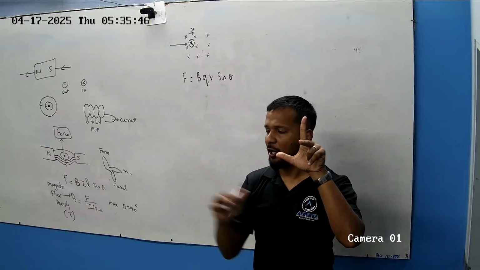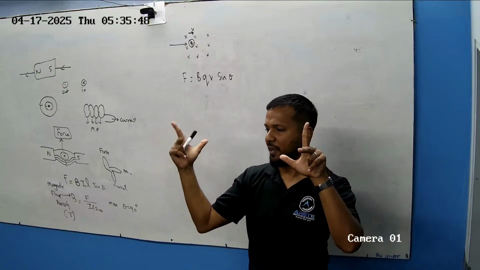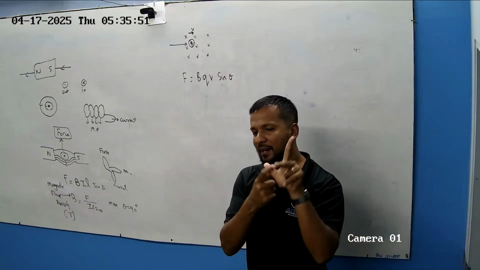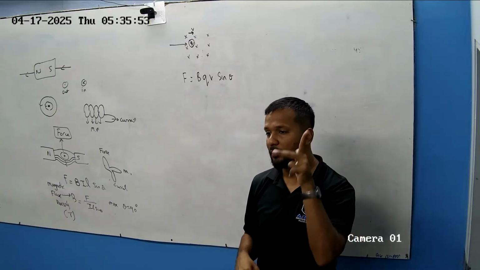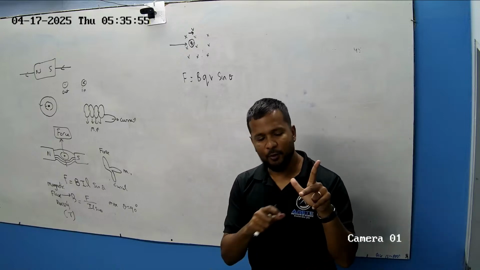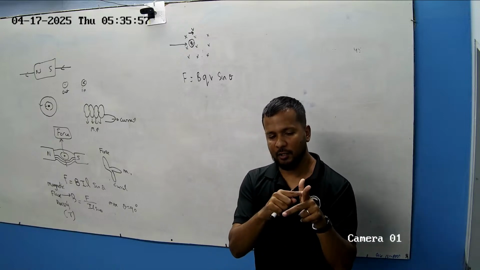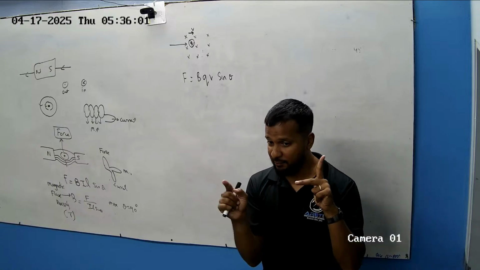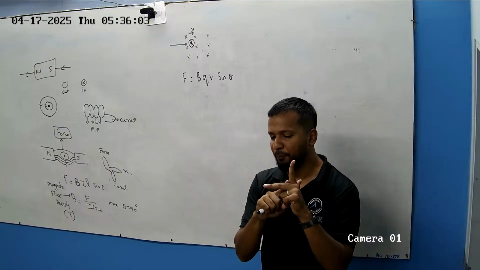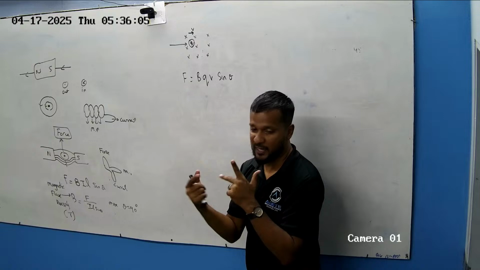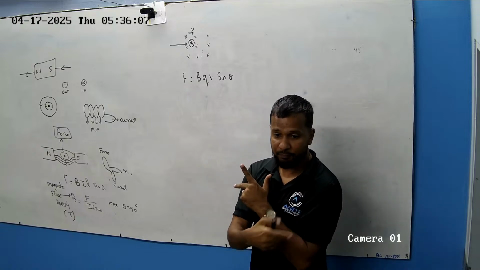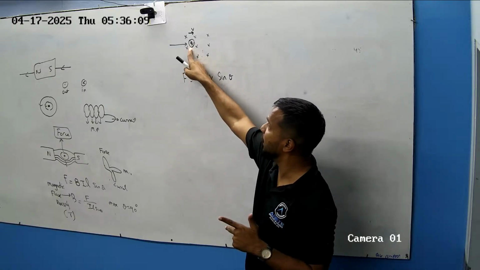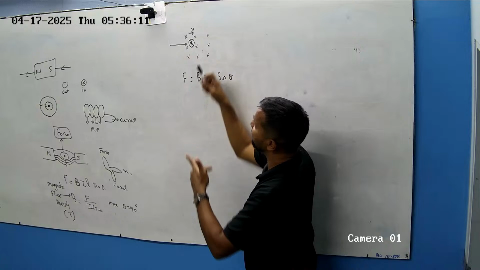Right hand is generator, if you want to find current. Left hand is to find force, the motor rule. If you have a current carrying conductor in a magnetic field, you'll get a force. Current is a positive charge, so if you have a positive charge going this way, you can have a negative charge going the other way. So let's assume the charge is positive. Magnetic field is what?